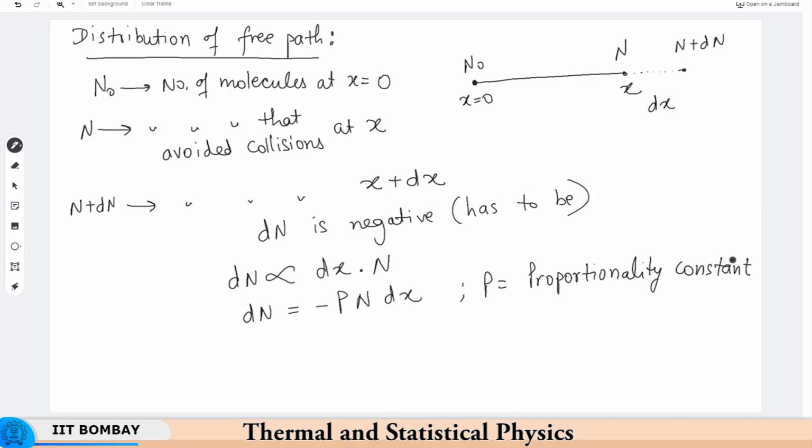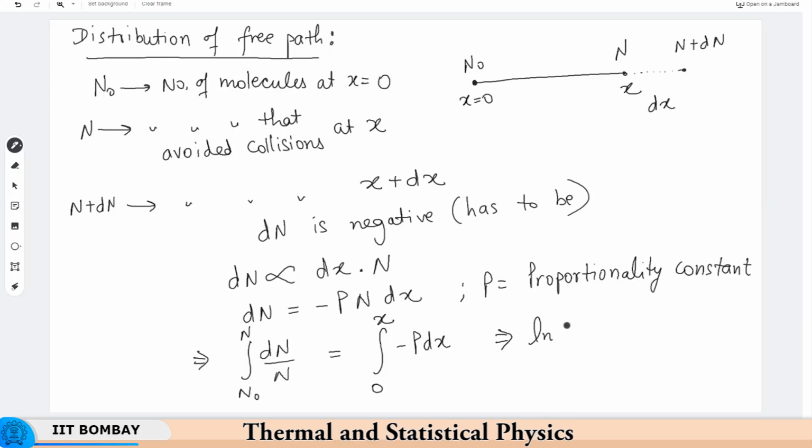Okay. So, now we can basically integrate this out. We can take n to the other side and integrate from n0 to n. We started with n0, we have n molecules, and so this becomes minus p dx, and this integration goes from 0 to x. If you solve this, we have log n, computed between n and n0.